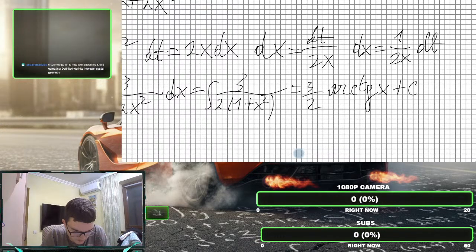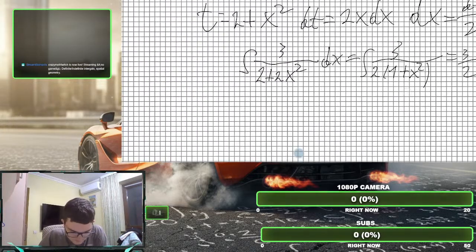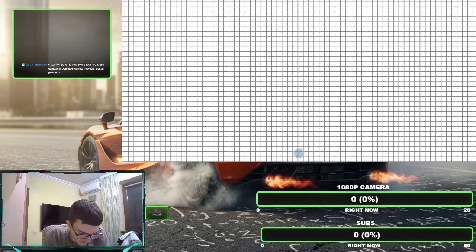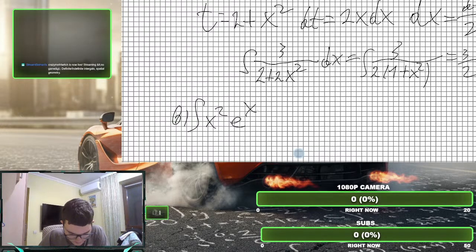So now for the next one, b, whatever. Let me find it. Next one is this: x to the second power, e to the power of x to the power of 3 dx. So this is what I do.